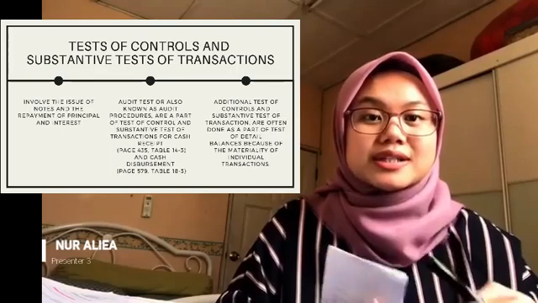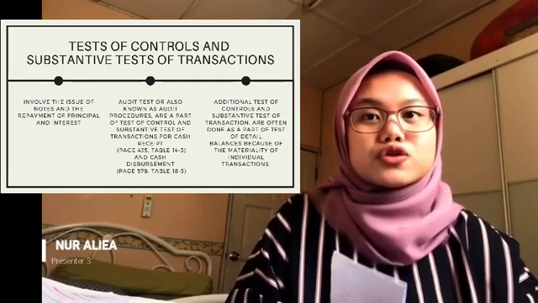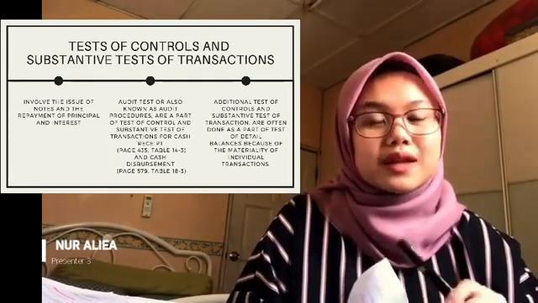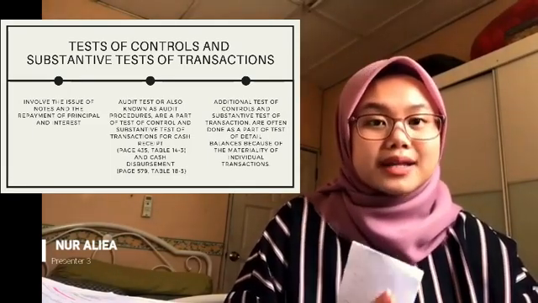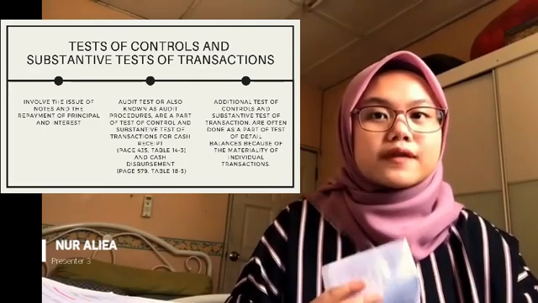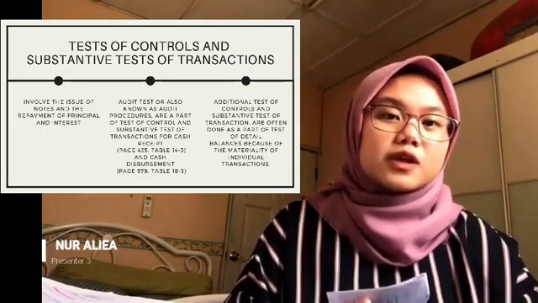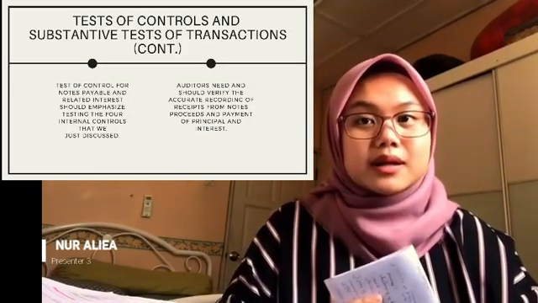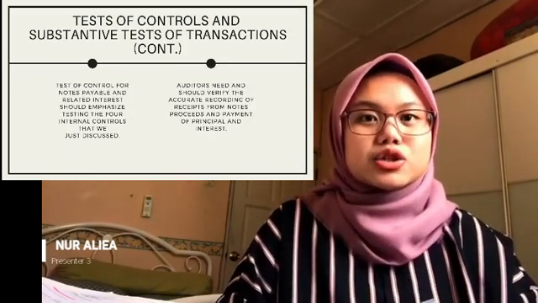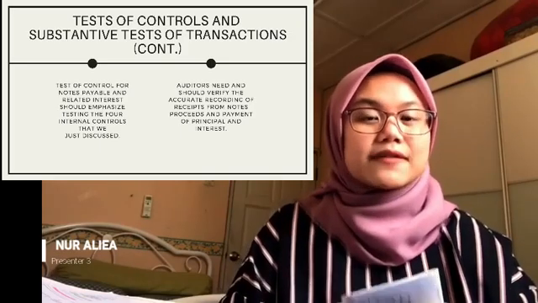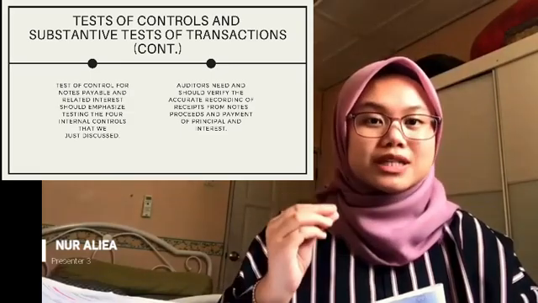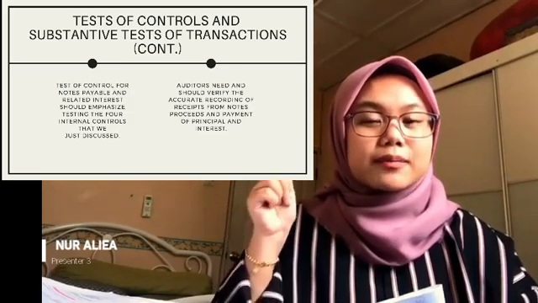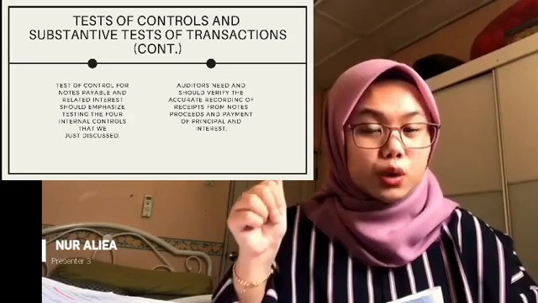The additional tests of control and substantive tests of transaction are often done as a part of test of detail of balance because of the materiality of individual transactions. The test of control for notes payable and related interest should emphasize testing the four internal controls that we just discussed before. The first one is proper authorization for new notes.